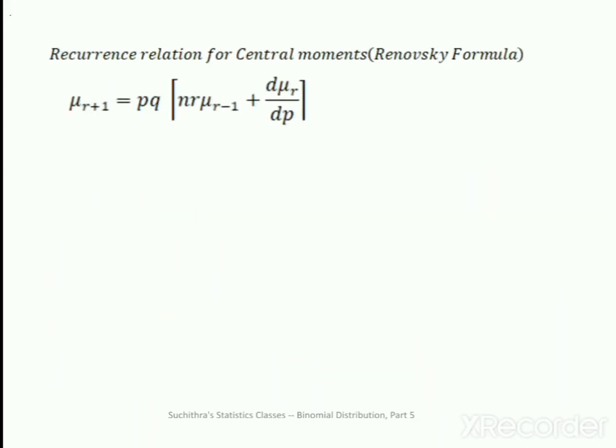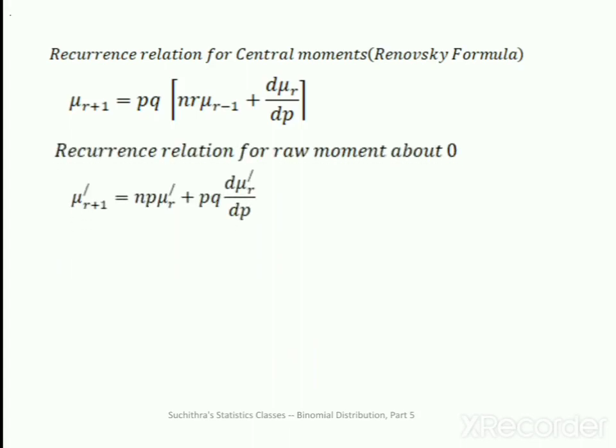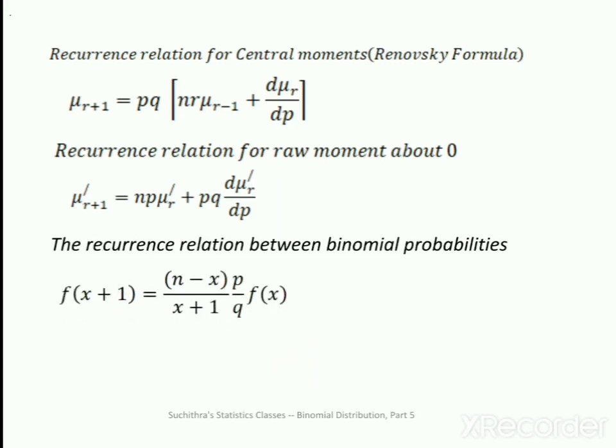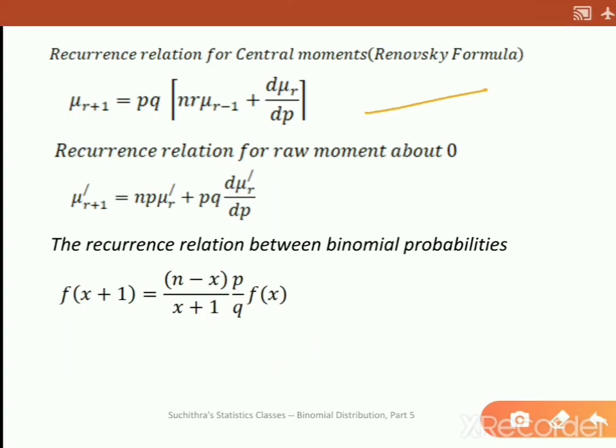Recurrence relation for central moments is this. Recurrence relation for raw moments about 0 is this one. Recurrence relation between binomial probabilities is this one. From the recurrence relation for central moments, we can calculate central moments. From this one, we can calculate raw moments. From this one, we can calculate probabilities of a binomial distribution.